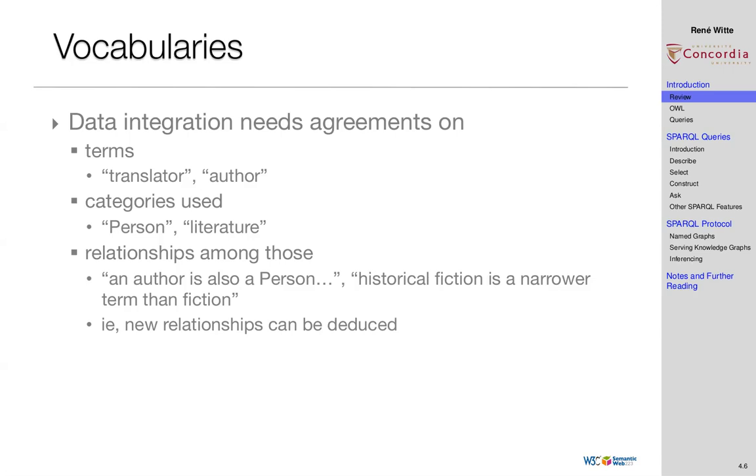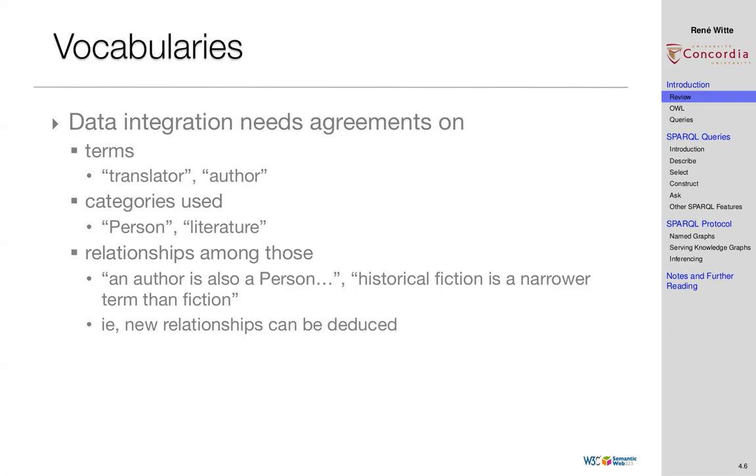Now, if you want to do this on a large scale and enable systems to integrate knowledge from different sources, then you have to have some kind of shared agreement on that. So you want to have a common understanding about common terms like persons, books, authors, and so on. And as a second step, you also want to be able to explain the relationships between them.